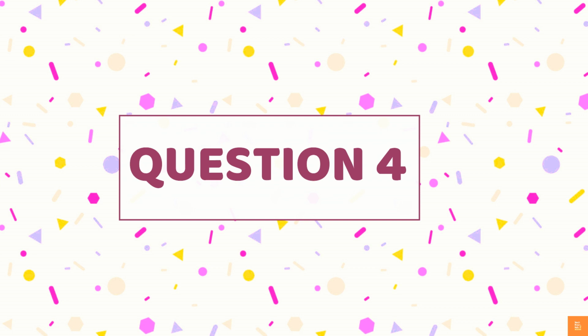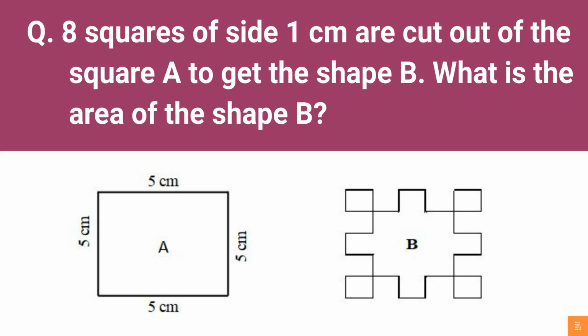Question number 4. 8 squares of side 1 cm are cut out of the square A to get the shape B. What is the area of the shape B? Many children are unable to build on their existing knowledge of the area as a surface. It means that they do not have a conceptual understanding of area.